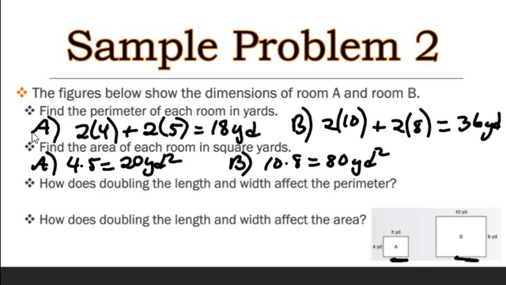Well, in our first question up here, the original was 18 yards, and when you double the length and width, the perimeter also doubled, because it's now 36. So 18 times 2 gives you your 36. So how does doubling the length and width affect the perimeter? It doubles the perimeter.